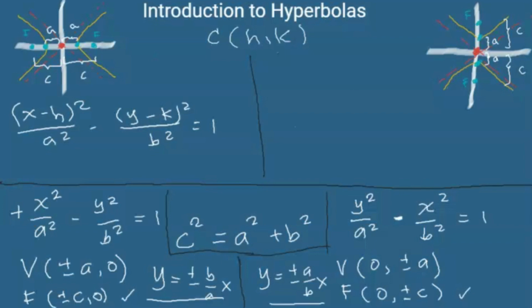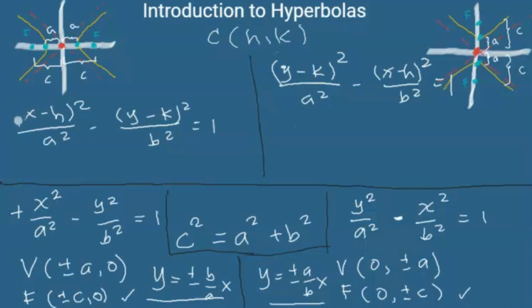The quantity x minus h is still the positive. Now for the vertical hyperbola, the equation would be (y minus k) squared over a squared minus (x minus h) squared over b squared equals 1.